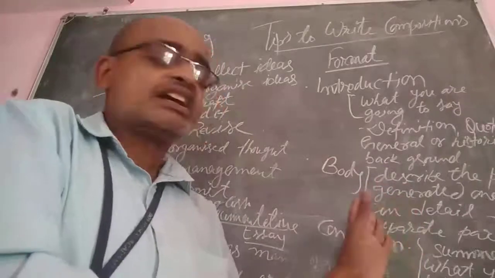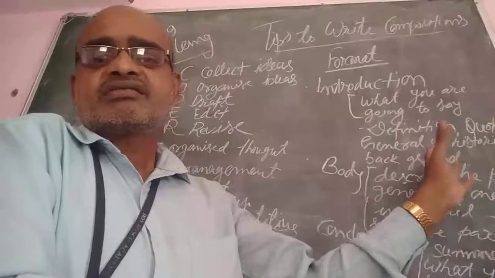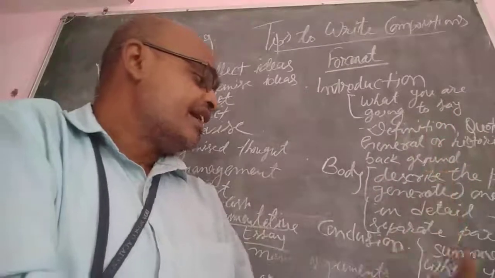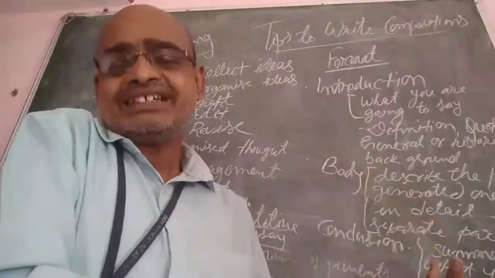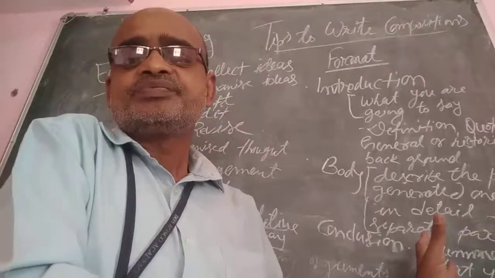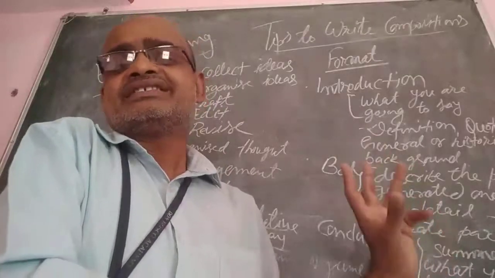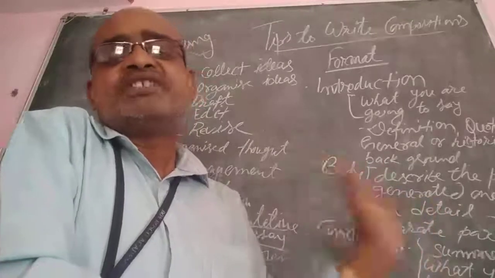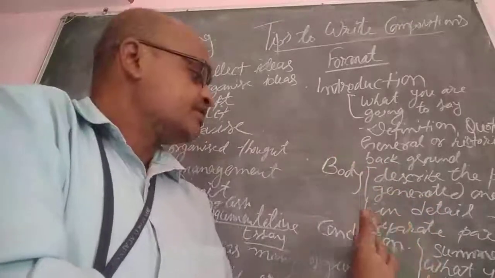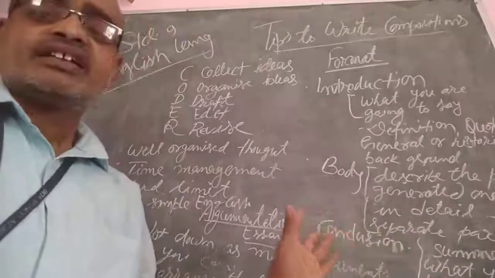And in the conclusion, please summarize whatever you have said in the body. Here you are giving your final stand, such as: discipline is the lifeblood of our life, so it must be followed.